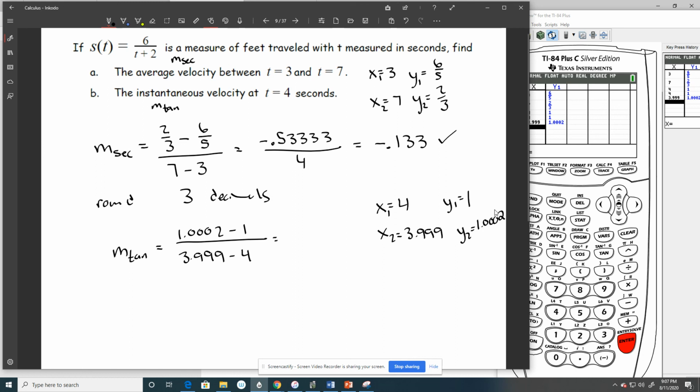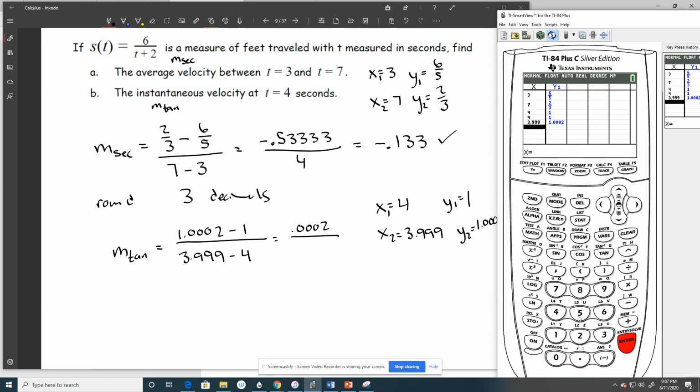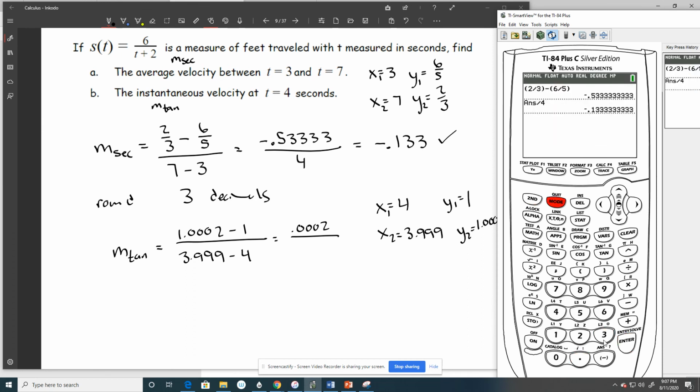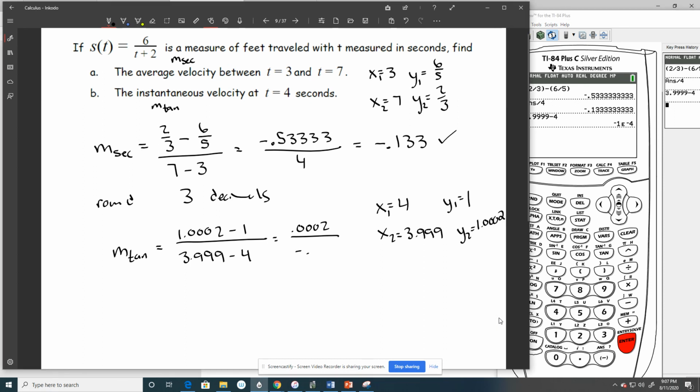So 1.0002 minus 1 is just 0.0002. And 3.999 minus 4 is going to be negative 0.001.